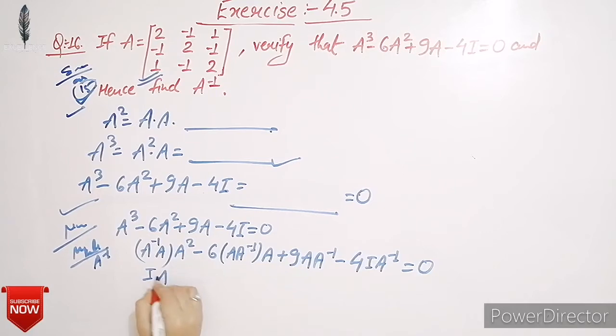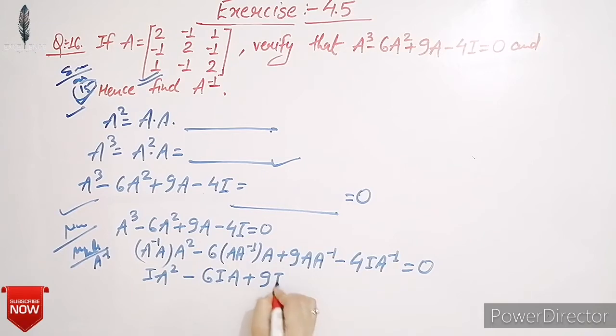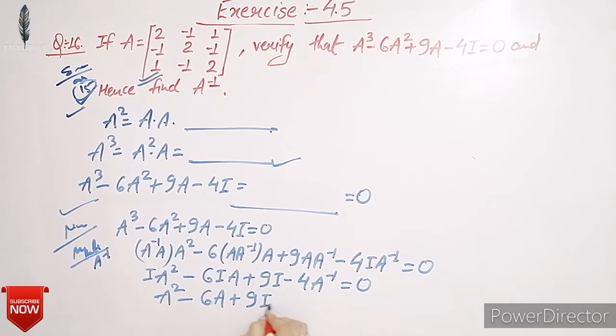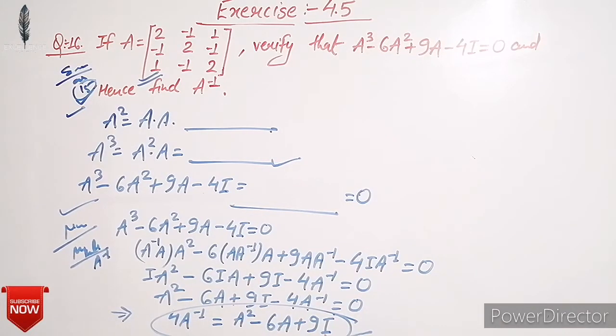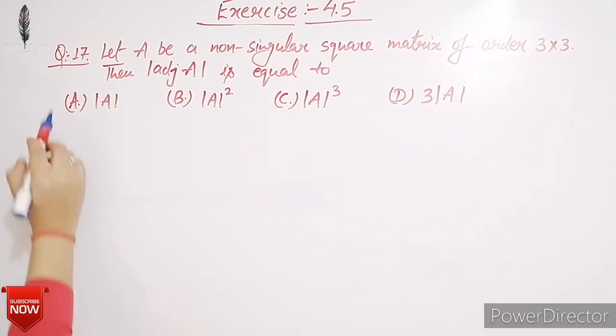That can be written as IA square minus 6IA plus 9I minus 4A inverse equals 0. It is equal to A square minus 6A plus 9I minus 4A inverse equals 0. So clearly we have 4A inverse equals A square minus 6A plus 9I. Using this, you can easily find the value of A inverse. Okay.